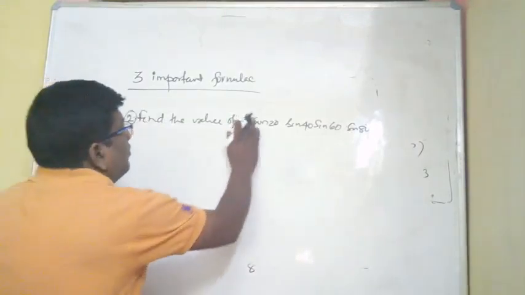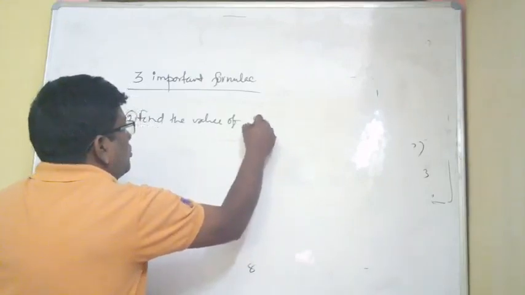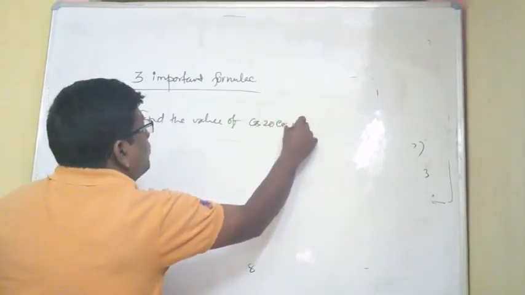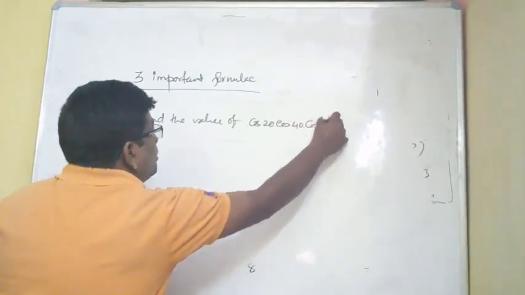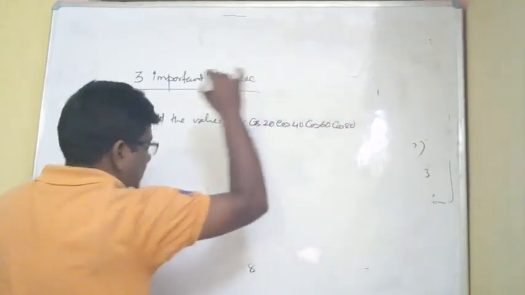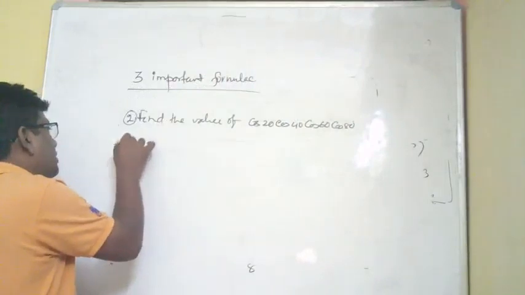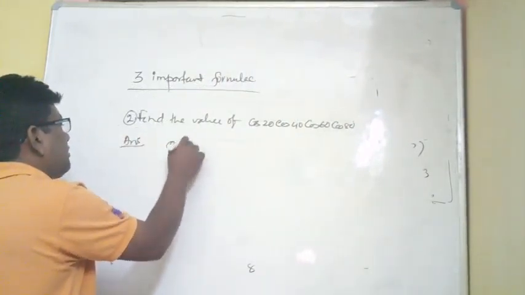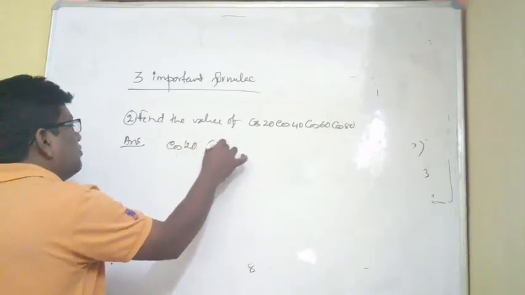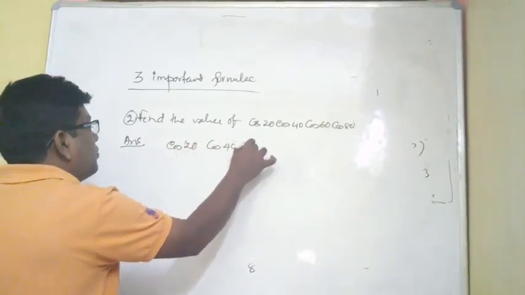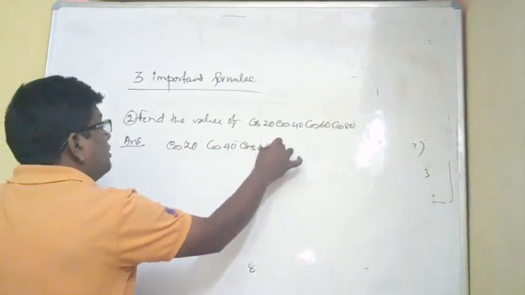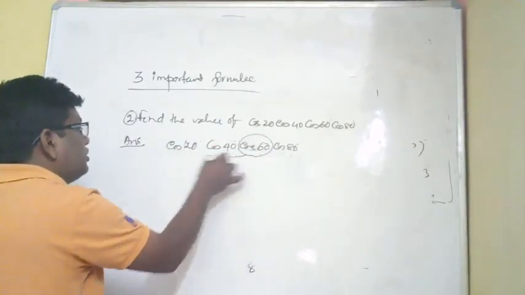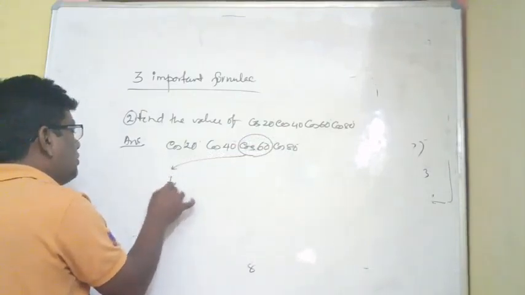Find the value of cos 20° cos 40° cos 60° cos 80°. Same process. The answer: cos 20° into cos 40° into cos 60° into cos 80°. We know cos 60° is equal to 1/2.